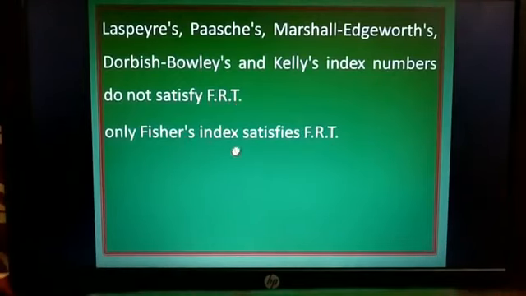Only Fisher's index number will be satisfying factor reversal test. Let us see the proof of these, why these index numbers will not satisfy FRT and why only Fisher's index number will be satisfying FRT.